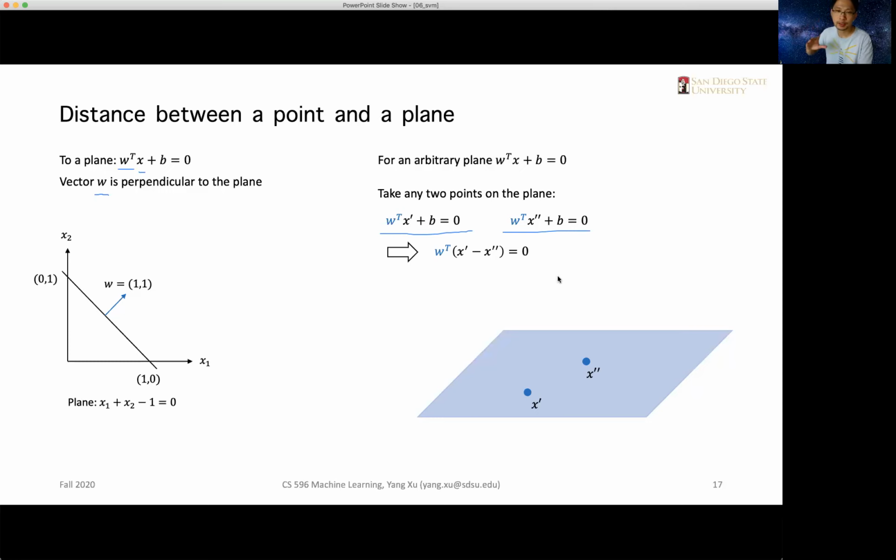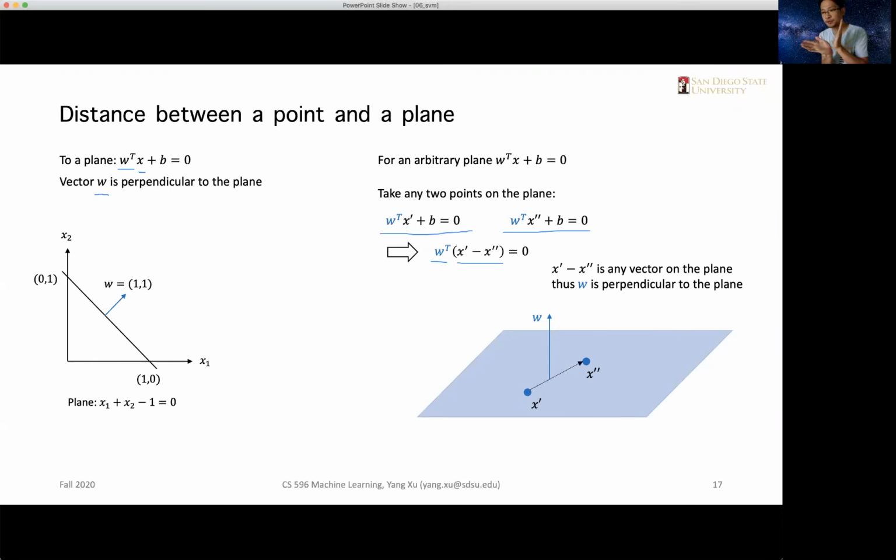So because x prime minus x prime prime is also a vector, the dot product between the two vectors, W and this vector, equals 0, which means they are perpendicular to each other, right?